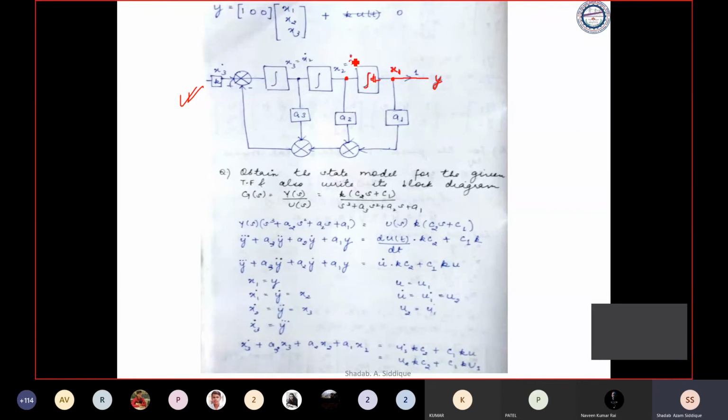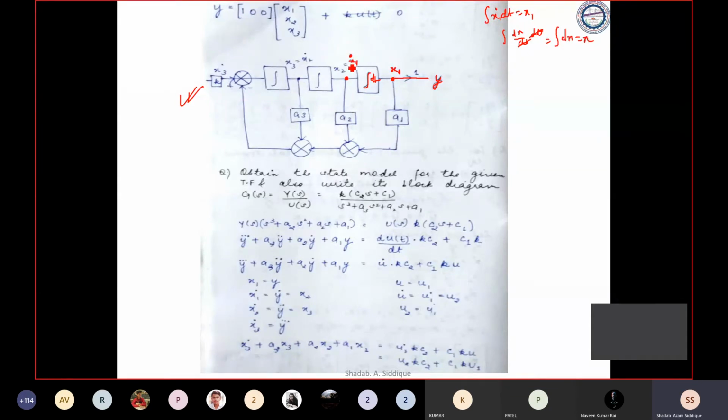Integration of x1 dot dt is equal to x1 only, because x1 dot is nothing but dx by dt, and dt will get cancelled, so we'll get integration of dx, which is equal to x. So that's why it is integrated.